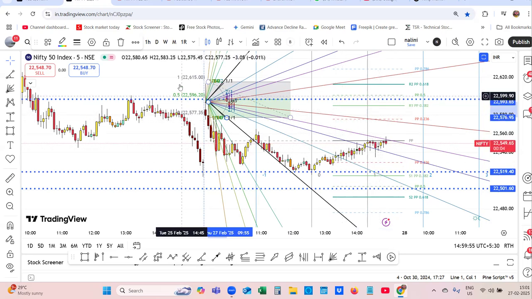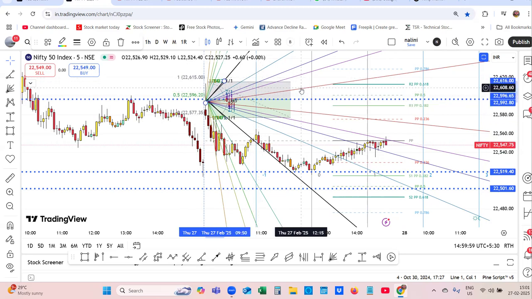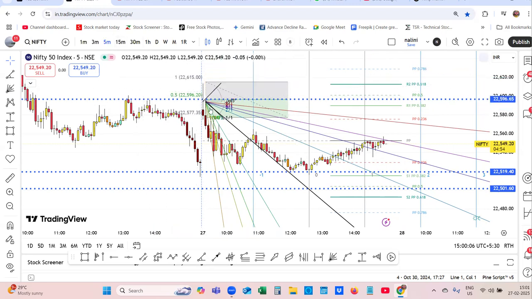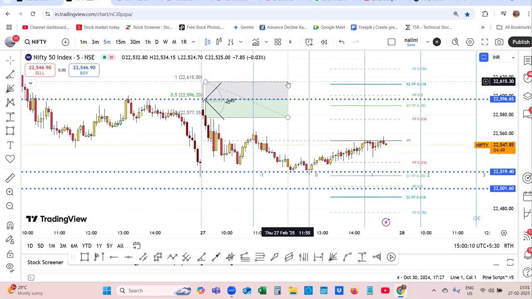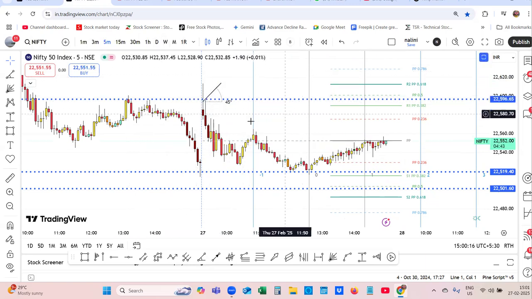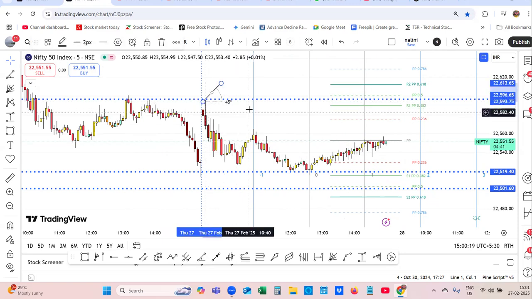So finally, I was explaining how to calculate the square root and all that. And finally, I tried to help you people by finding an indicator which can automatically calculate the fib levels. You need not manually calculate and break your head.